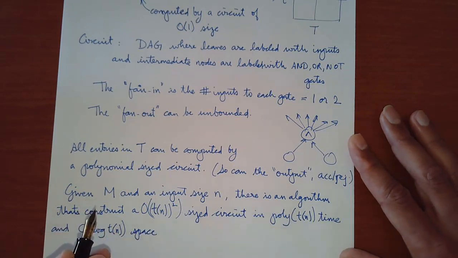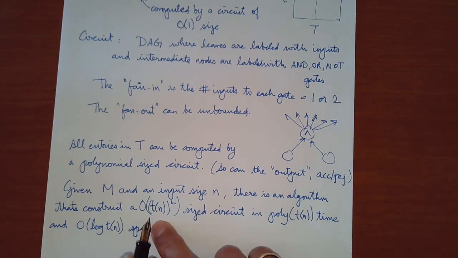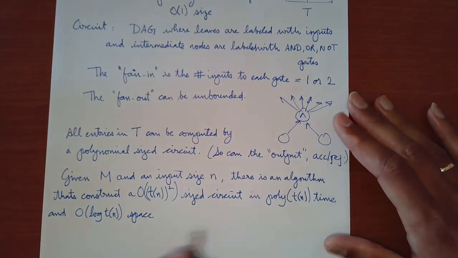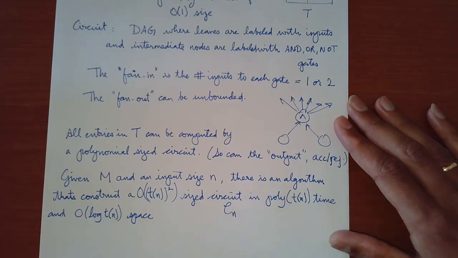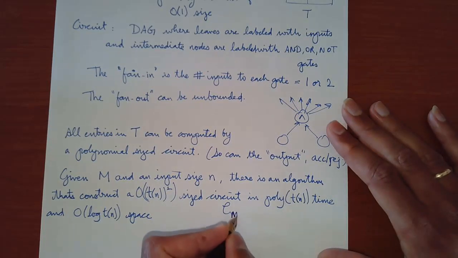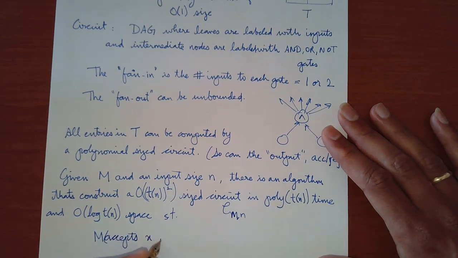Right, so you're just given the Turing machine and a size, and you're spending time that is polynomial in the running time of the machine that constructs a circuit, and I will refer to this circuit as C of M,n, such that M accepts the input x if and only if C of M,n evaluated on x is 1.